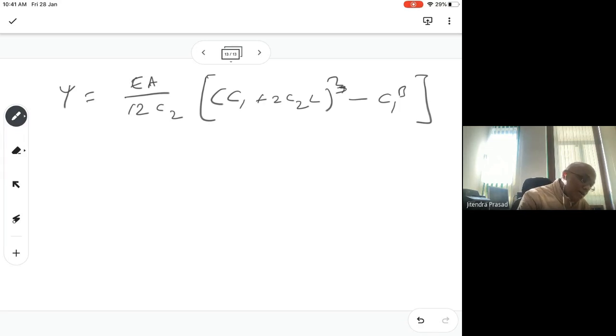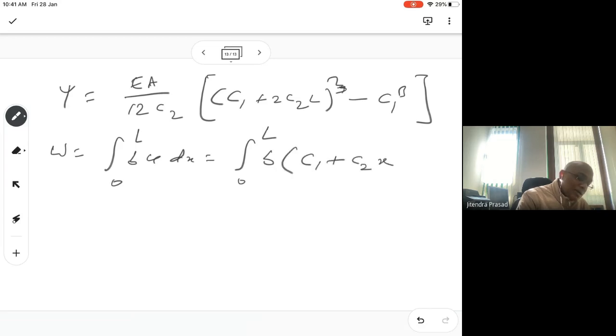Now, what about the work done? Work done is equal to integral 0 to L of b u dx, equal to 0 to L b, and then you have C1x plus C2x square, right? And dx is equal to, this is B naught, so B naught is outside.